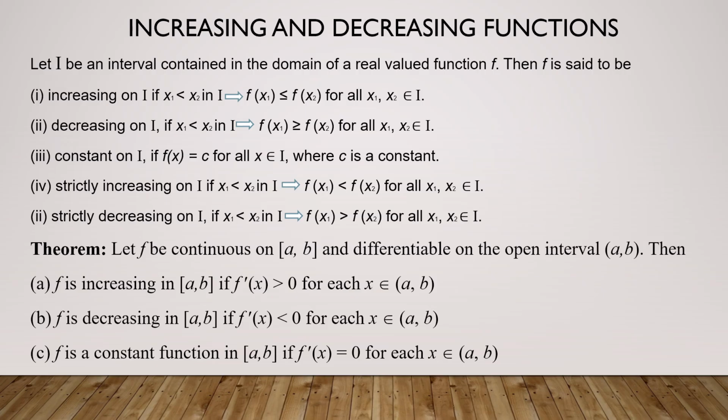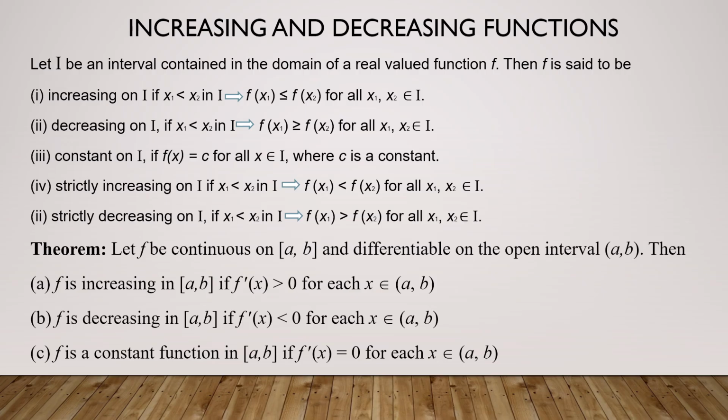Then f is said to be increasing on I if x1 less than x2 in the interval I implies that f of x1 is less than or equal to f of x2 for all x1, x2 belonging to I. Similarly, decreasing means x1 less than x2 implies f(x1) greater than or equal to f(x2) for all x1, x2 belongs to I. You can say it is constant on I if f(x) is equal to c, a constant quantity, for all x belongs to I.